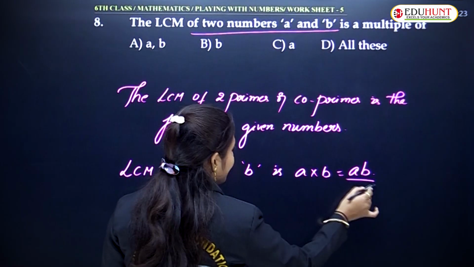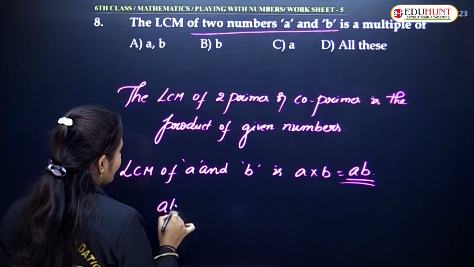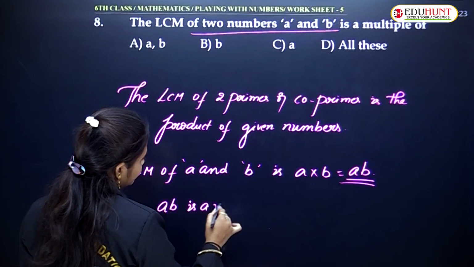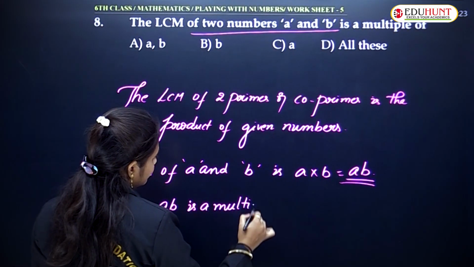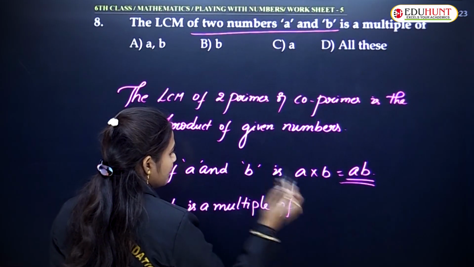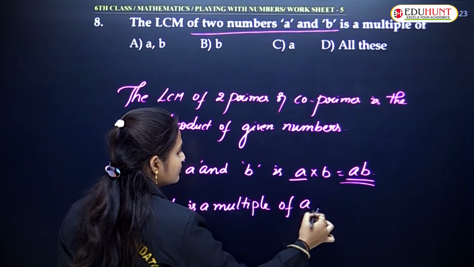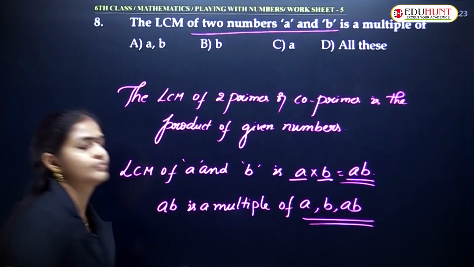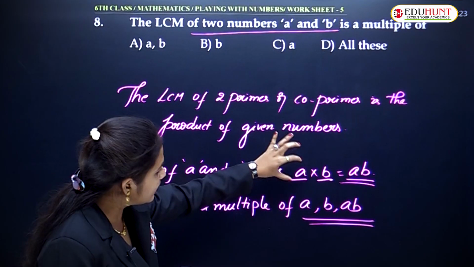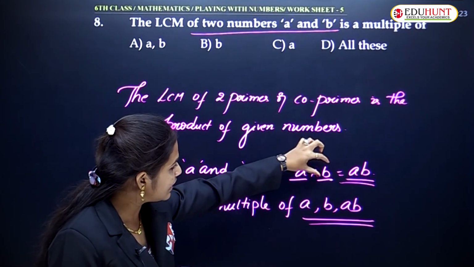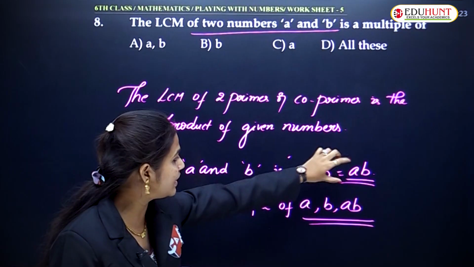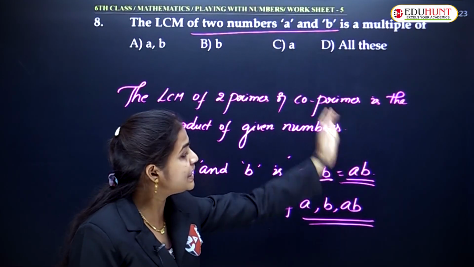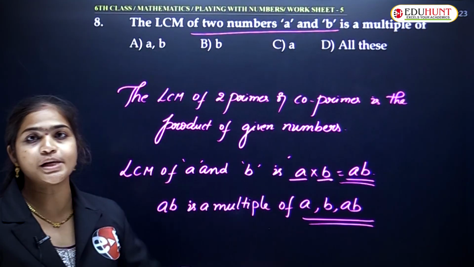So here AB is a multiple of AB. A into B. A is a multiple of AB, B is a multiple of AB, AB is a multiple of AB. Every number is a multiple of itself.